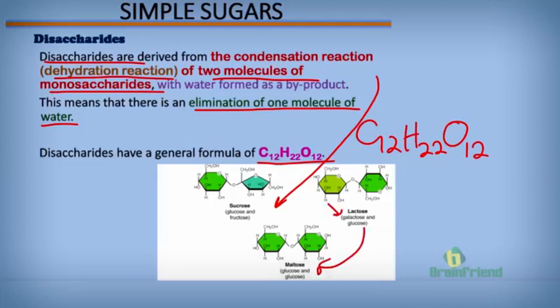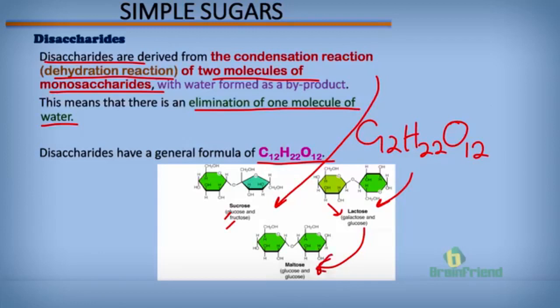As you can see, sucrose is formed when 2 monosaccharides, glucose and fructose, come together. Lactose is another disaccharide formed when galactose and glucose come together.